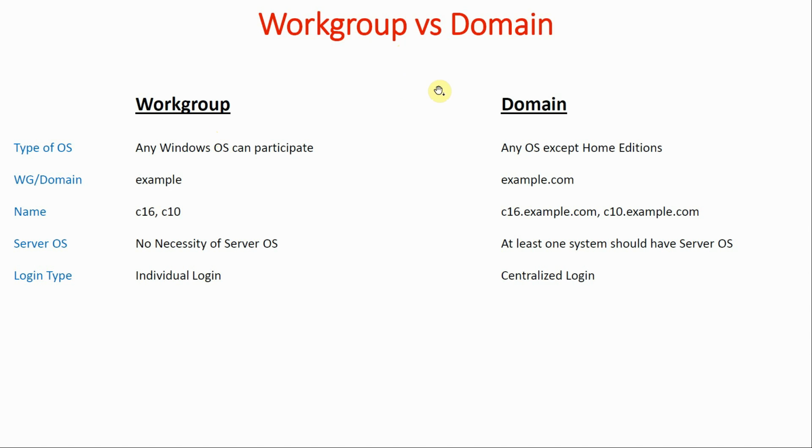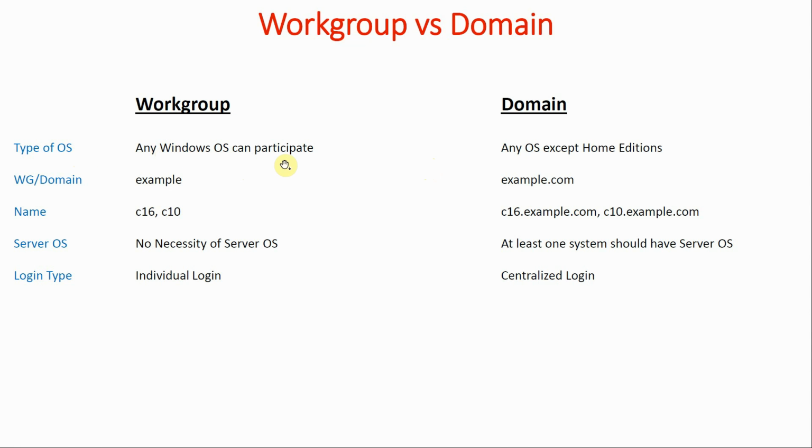Suppose the organization wants to implement workgroup networking, then what do they have to consider, and if they want to implement domain type of networking, then what factors do they need to consider? So step by step, we are looking at the differences between the factors required for workgroup and those required for domain. First, type of OS.